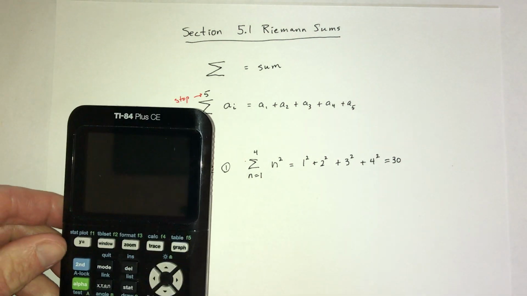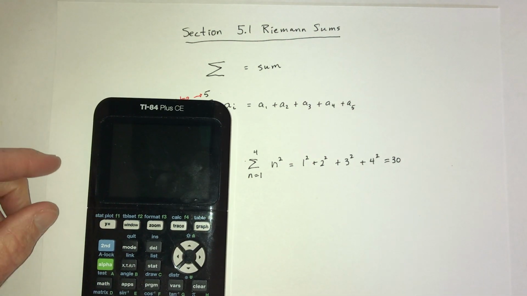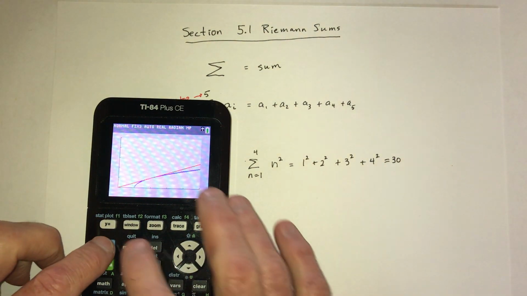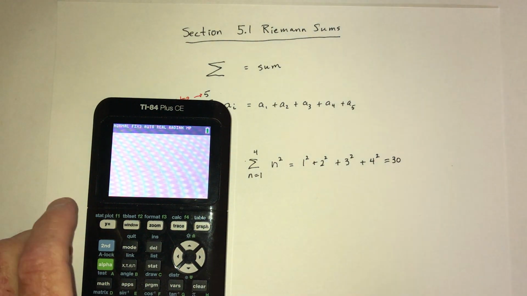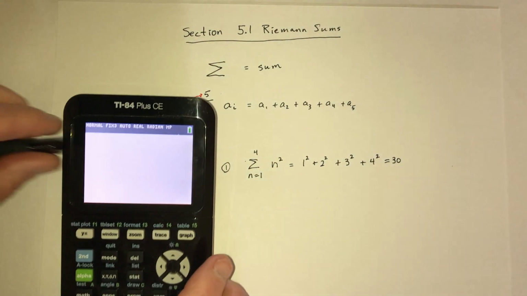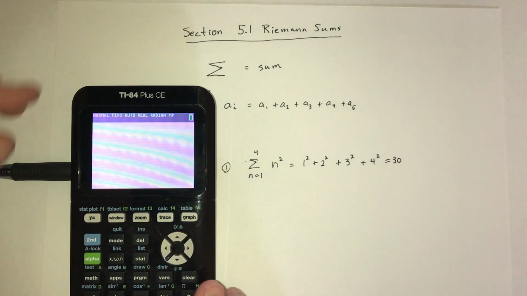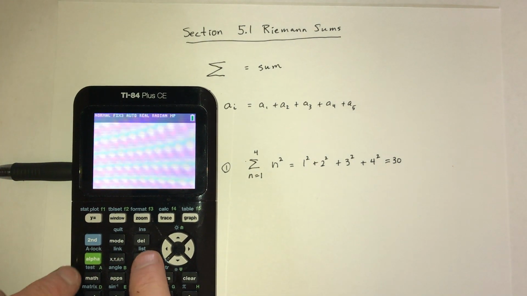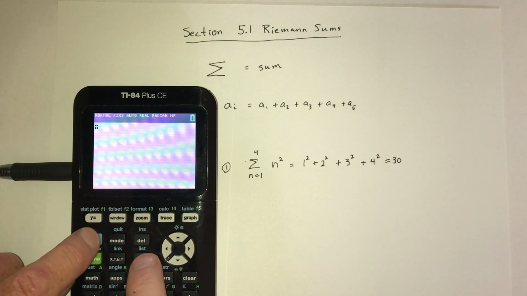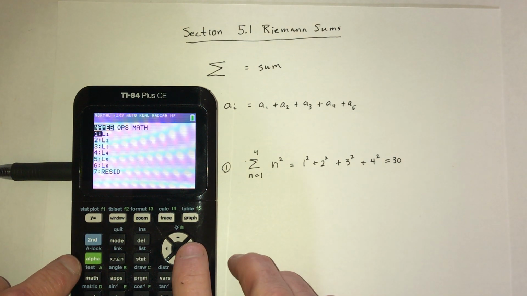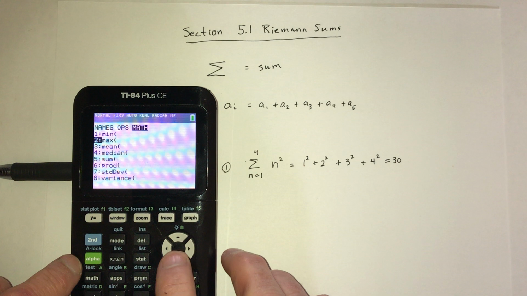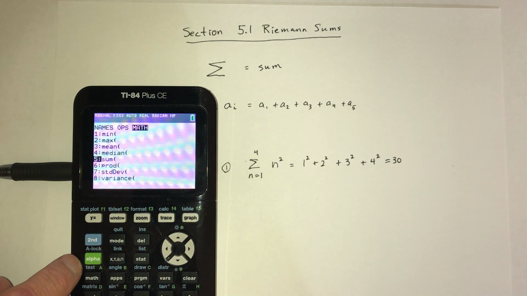I'm trying to get rid of that glare, but it's not working. So if you go right here to list, you go to second list, and then move over to math, and number 5 will be the sum.